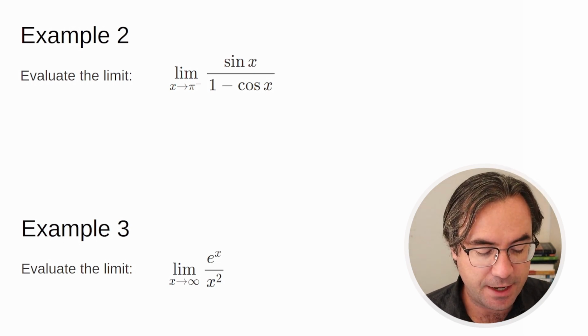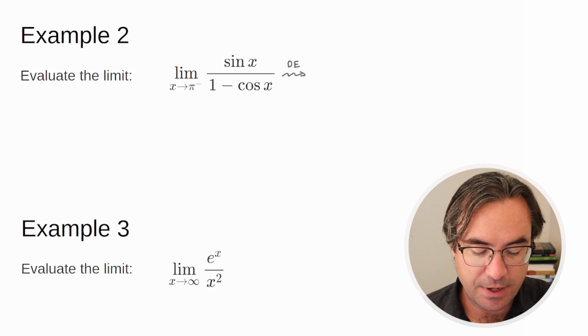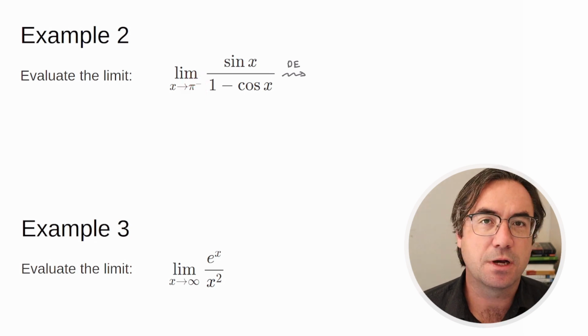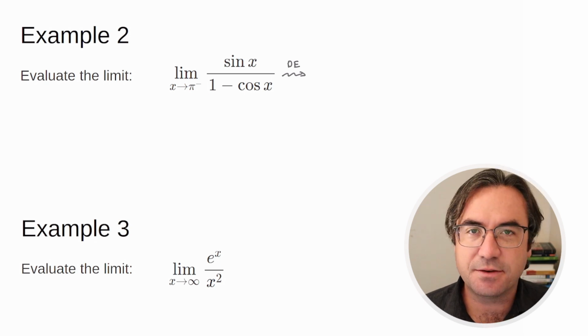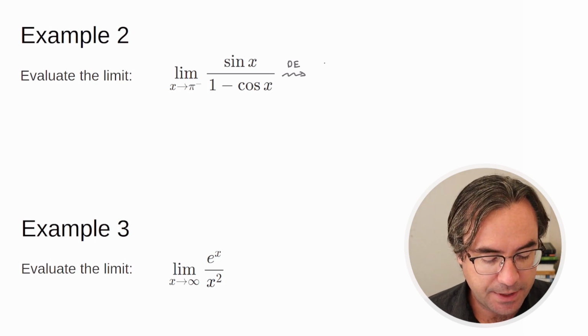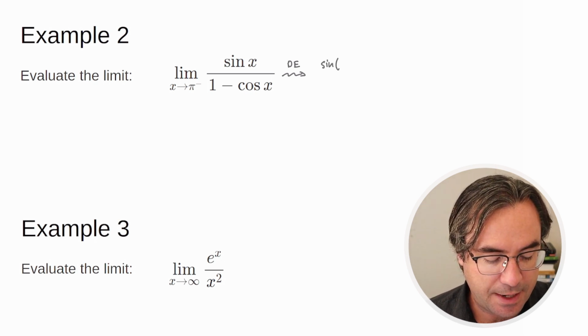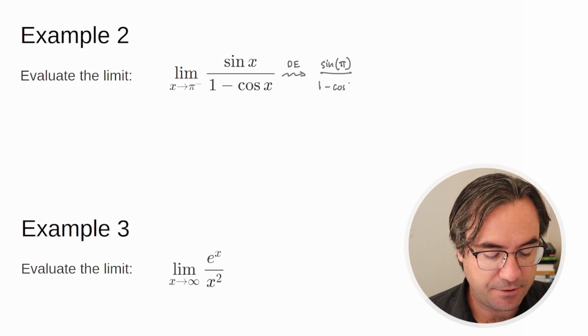The first thing we try is just our direct evaluation. Again, whenever x is approaching a number, plug in the number, see what you get, and if you get something that makes sense, well, then you're done. So if we plug in, what do we get? Well, we get sine of pi divided by 1 minus cosine of pi.